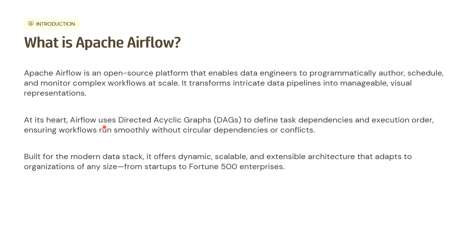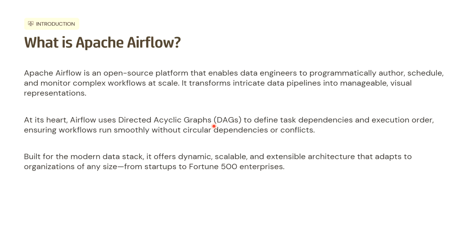Actually, the core concept of Apache Airflow is a directed acyclic graph, or you can say a DAG. A DAG is nothing but a graph of tasks where each task represents a single unit of work, and the directions in the graph are defined as edges.